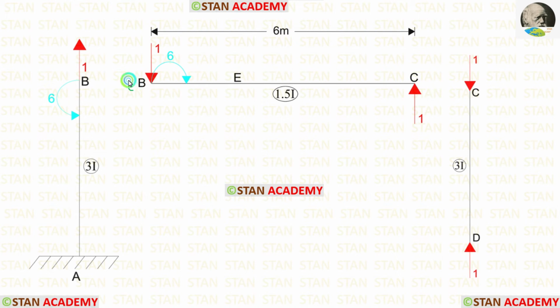On the right side, at the point B, the reaction is acting downwards. So on the left side, it should be acting upwards. On the right side, the moment is acting in the clockwise direction. So on the left side, it should be acting in the anticlockwise direction.